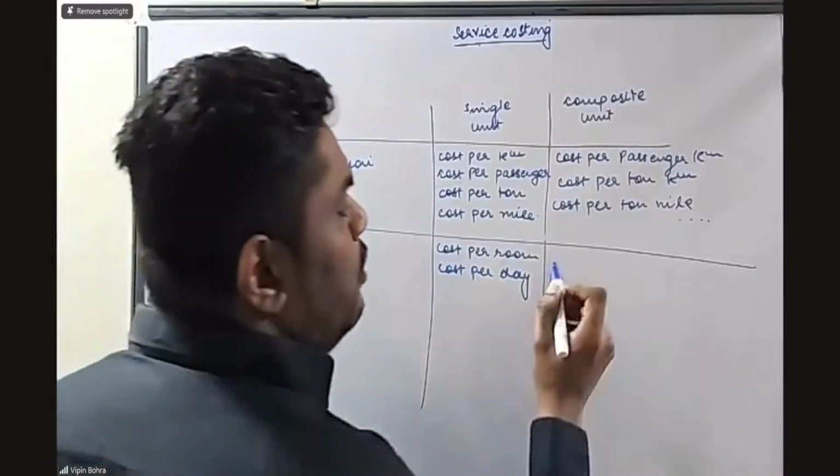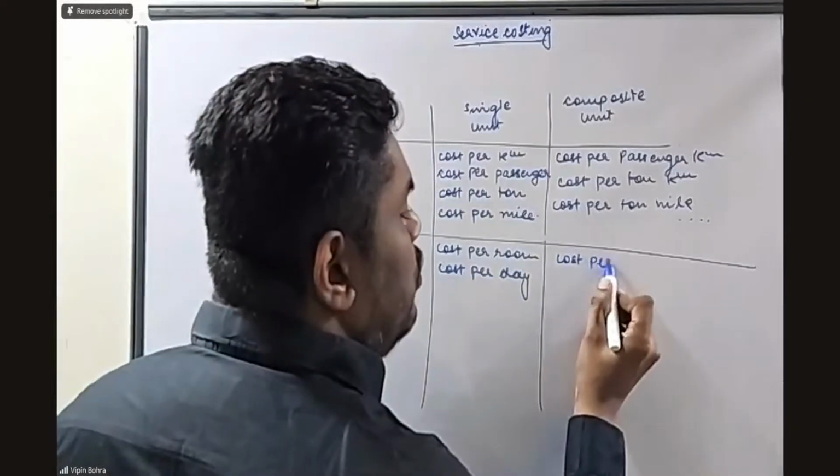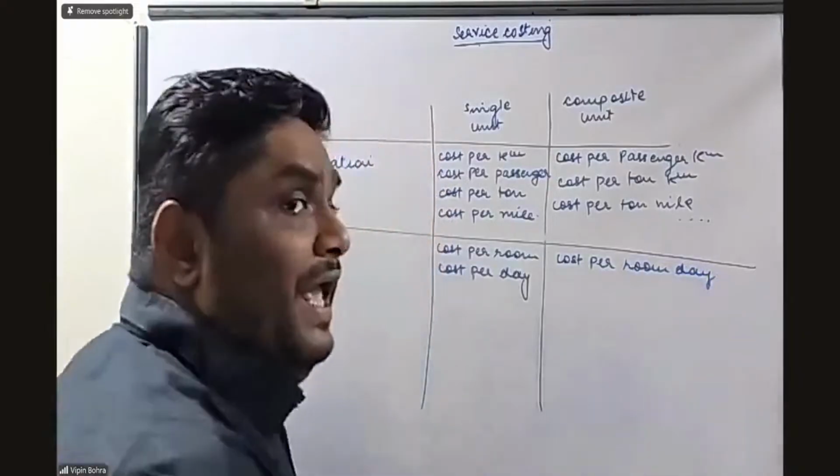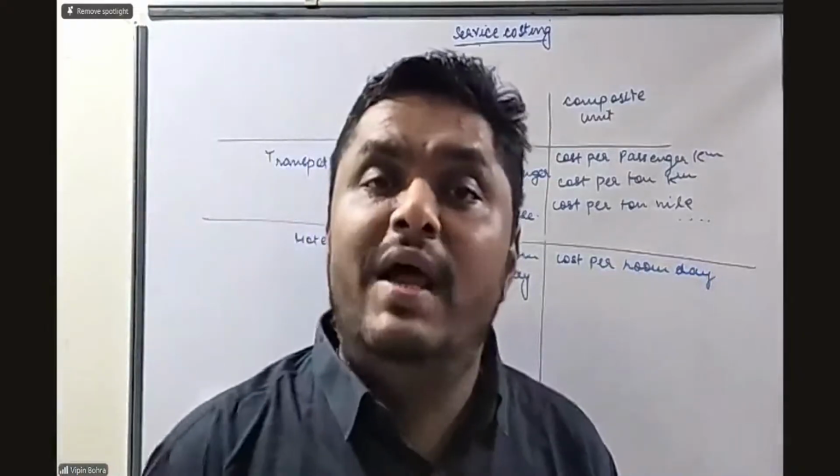And when talking about composite unit, it can be cost per room day. It means every day how many rooms are occupied.